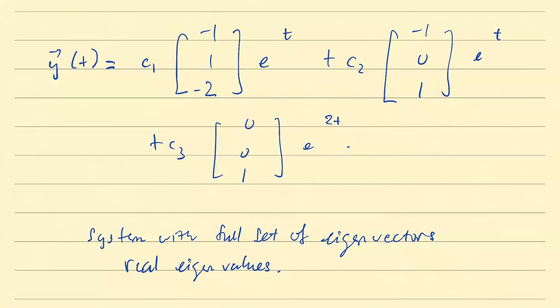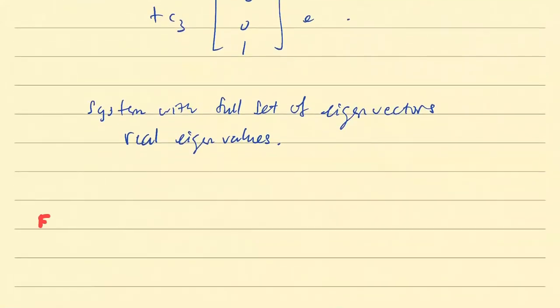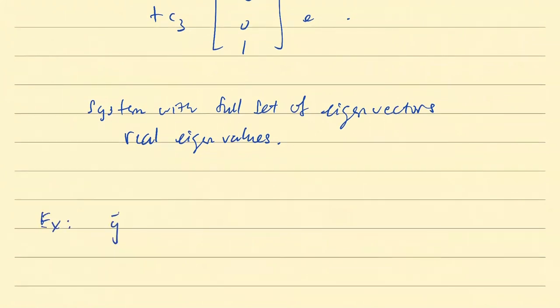All right. Lastly, I want to do an example of a 3x3 where you don't necessarily have the triangular structure.